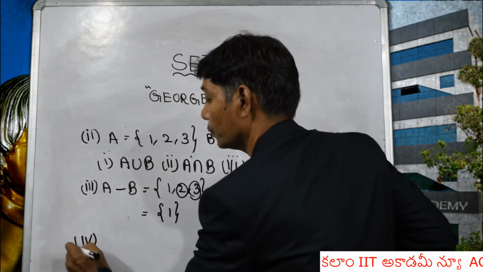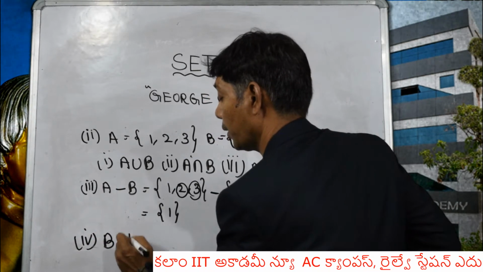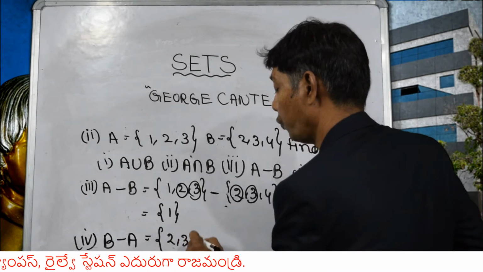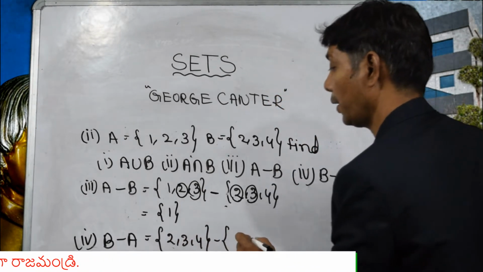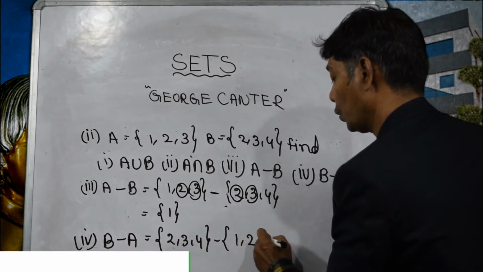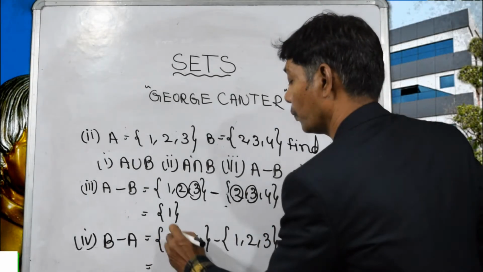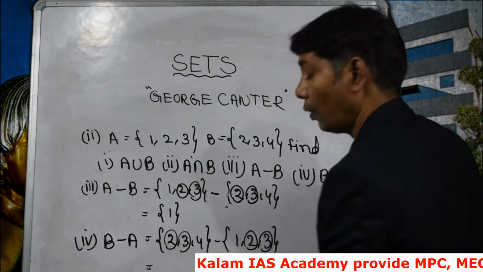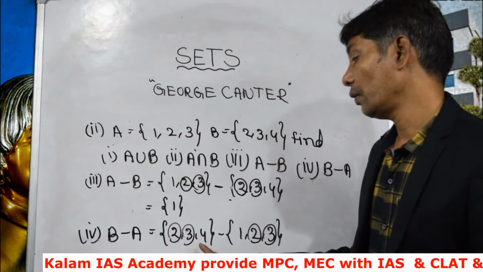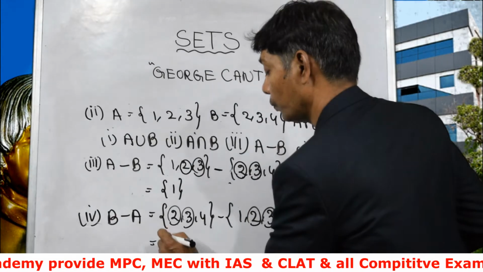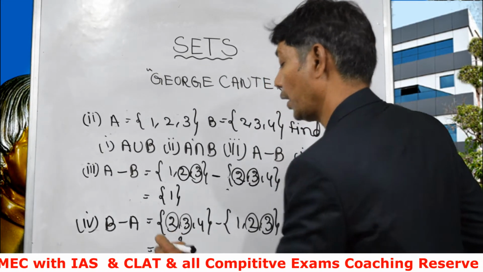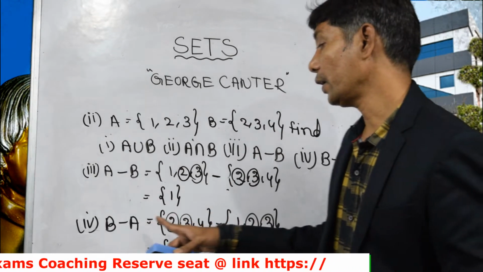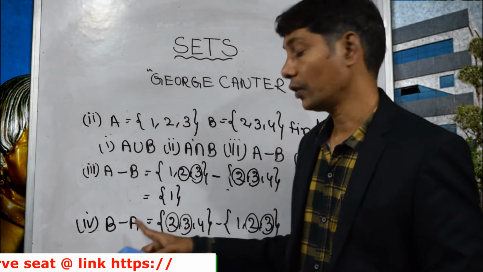Now the fourth one, B minus A. B minus A means write down B, 2, 3, 4, minus A, 1, 2, 3. Now take the common elements. 2, 3 are the common elements. You have to remove them. What are the elements left in the first set? Only 4. The elements present in the first set you have to take, only in taking minus. Right?